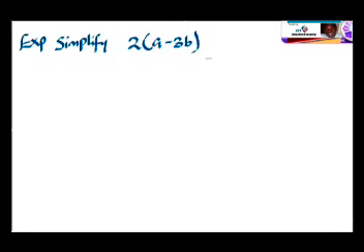Simplify 2 brackets a minus 3b plus 3 brackets a minus b. So what we are simplifying is this, and my solution would be here.